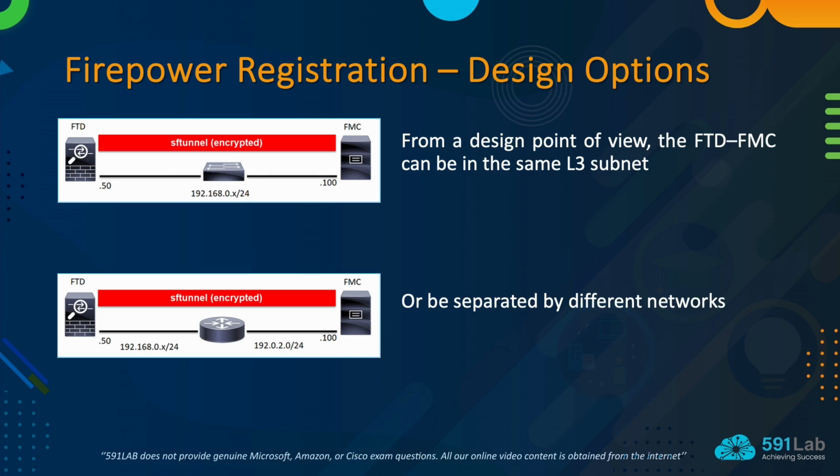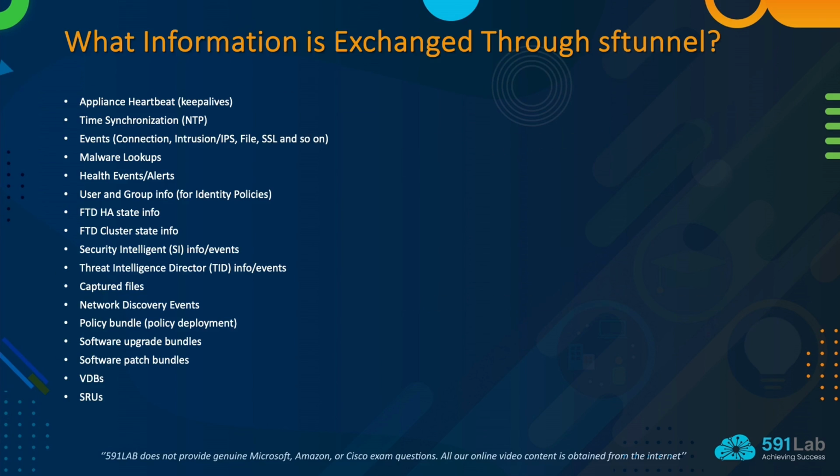From a design point of view, the FTD and FMC can be in the same L3 subnet or be separated by different networks. Now, what information is exchanged through the SF tunnel when the FTD is registered with FMC?